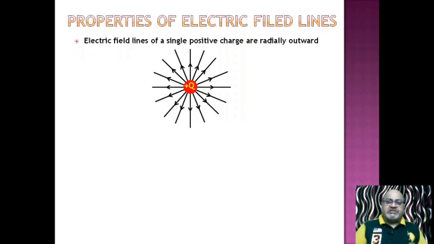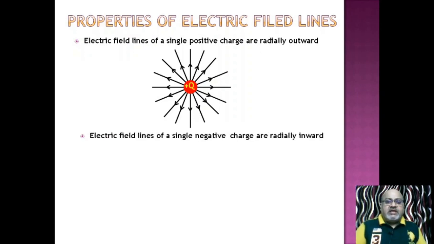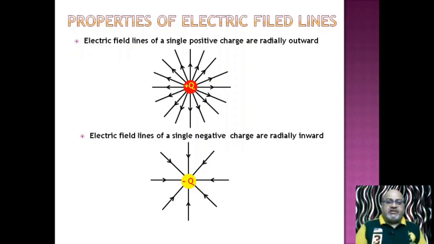Force of attraction is there, and the path travelled by the positive charge will become the electric field line due to the negative charge. Now let us see. Electric field lines are moving towards the negative charge. They are inward, and in both cases we see that there is spherical symmetry. I have discussed spherical symmetry in detail in my previous lectures.